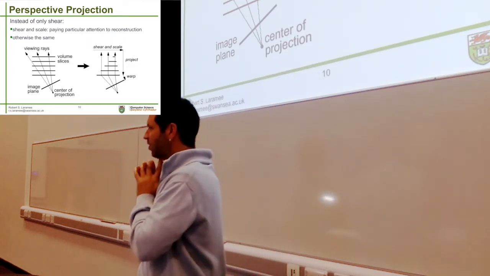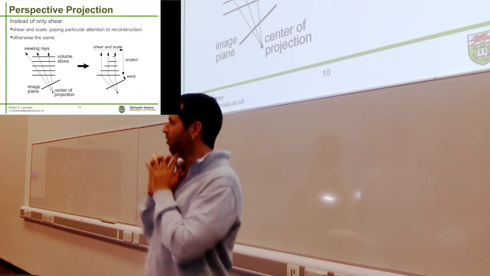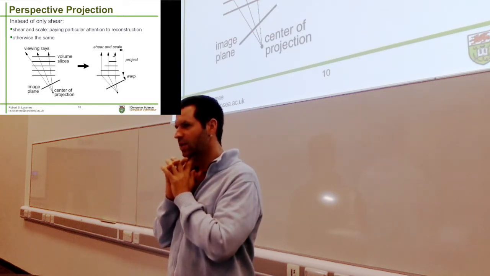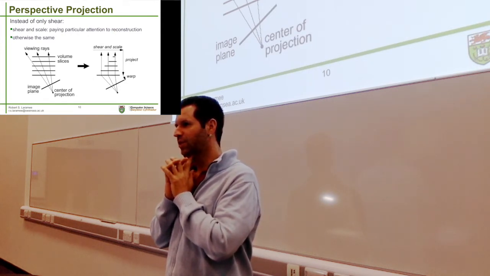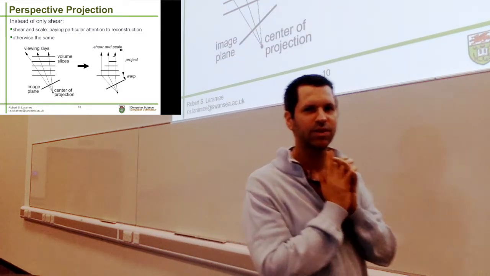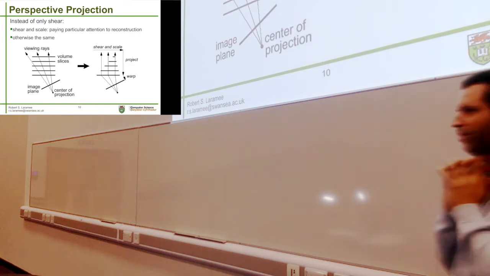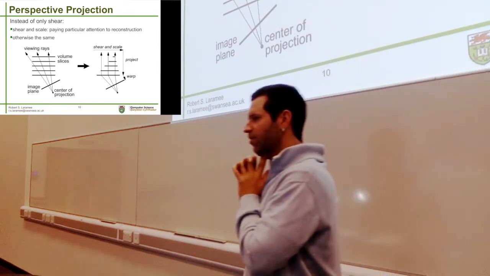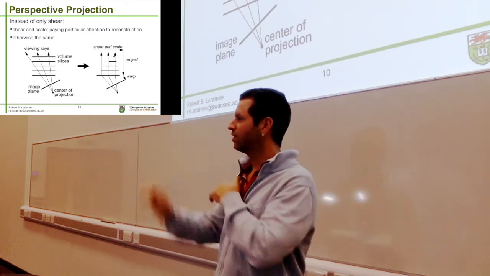Has anybody ever seen, in your car's rear view mirror, these little stickers that say objects may be closer than they appear? Has anybody ever seen that sticker on their car before? I've seen that many times. Nobody else has ever seen that?